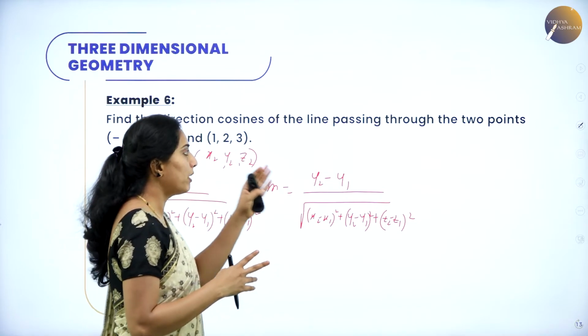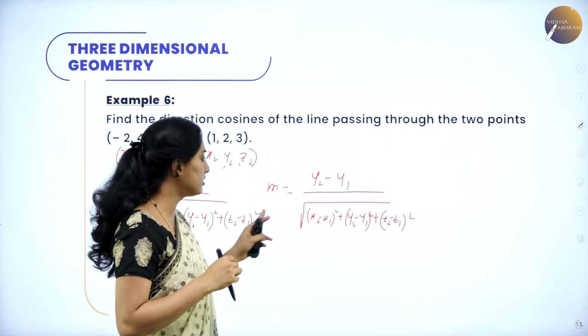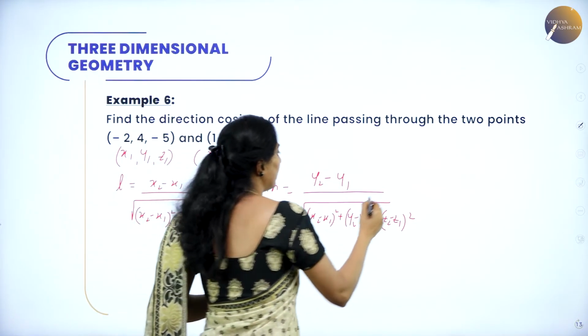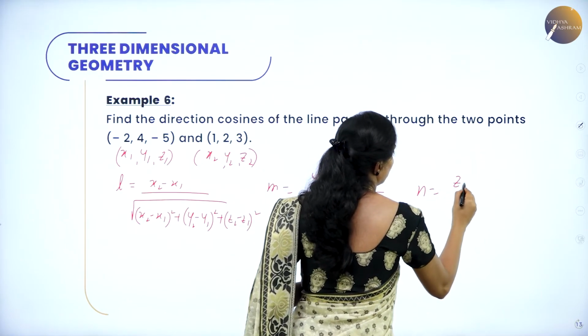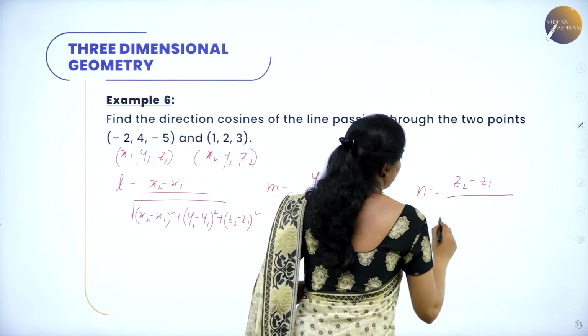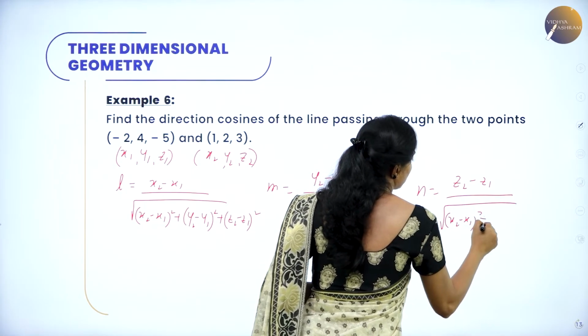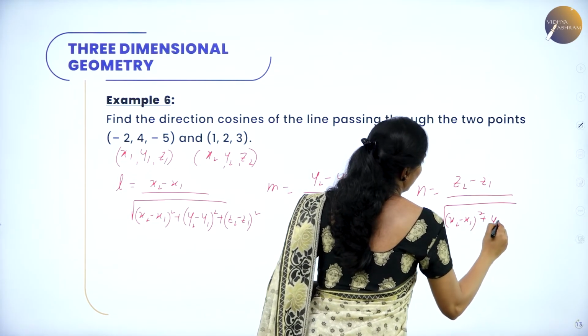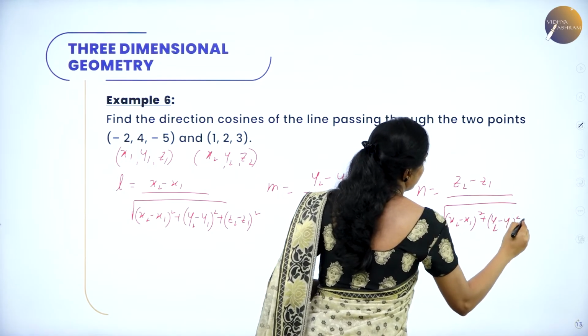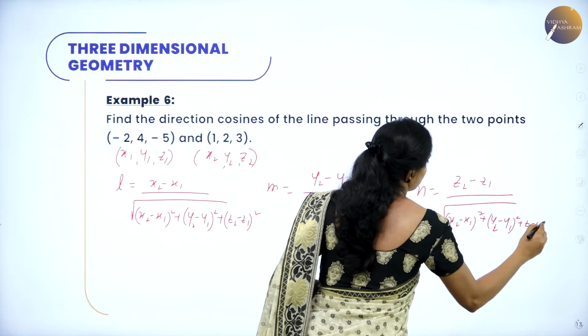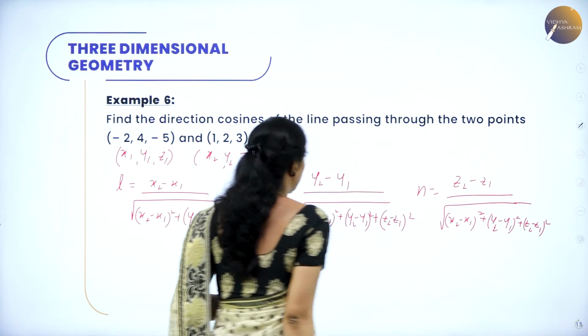If they have given the 2 points, this is our direction cosines. And then n is equal to z2 minus z1 divided by the square root of x2 minus x1 whole squared plus y2 minus y1 whole squared plus z2 minus z1 whole squared. Please remember all these formulas.